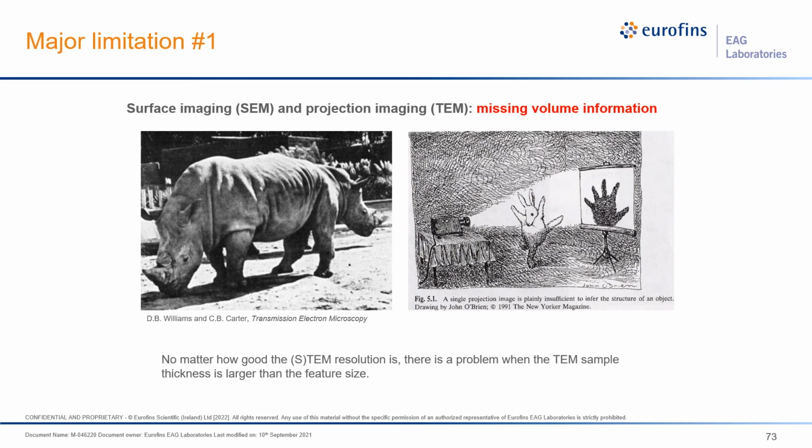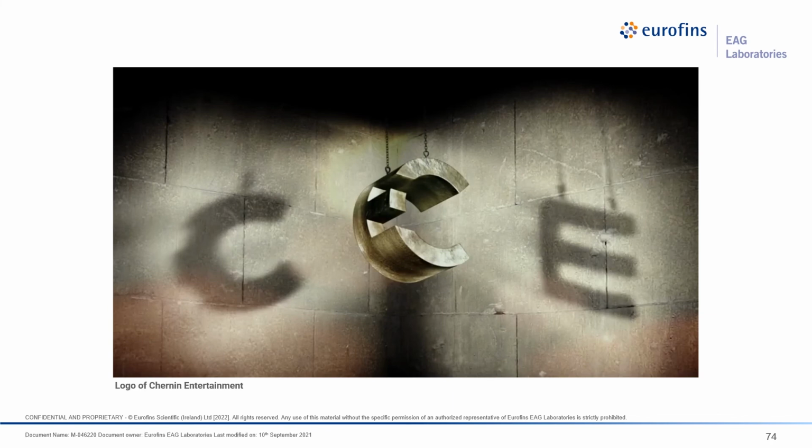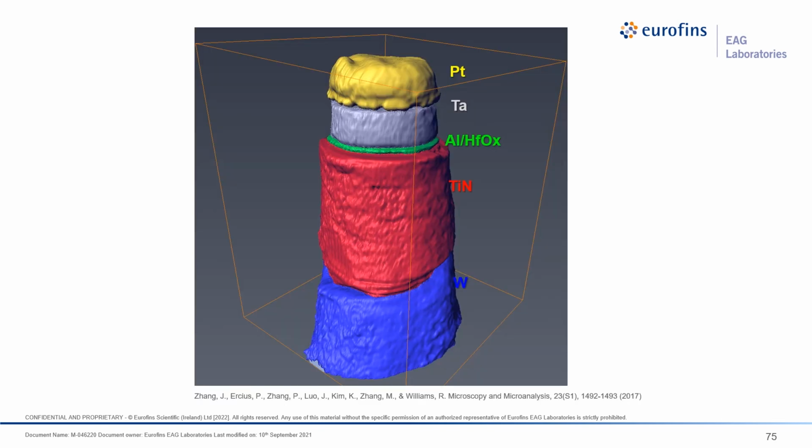Limitation number one, which I mentioned at the very beginning: TEM is a two-dimensional projection of a three-dimensional object. There is a technique called tomography to solve this problem. It's actually a Nobel Prize winning technique. It's basically as simple as viewing the same object from different orientations, so you get different impressions of your object.